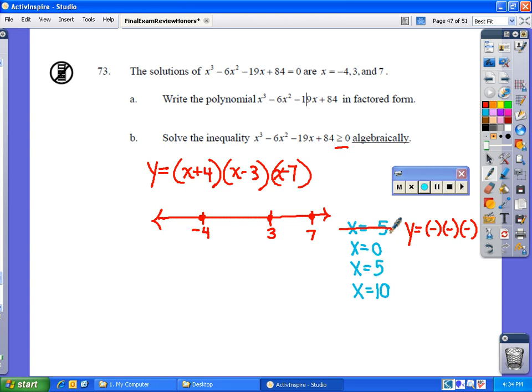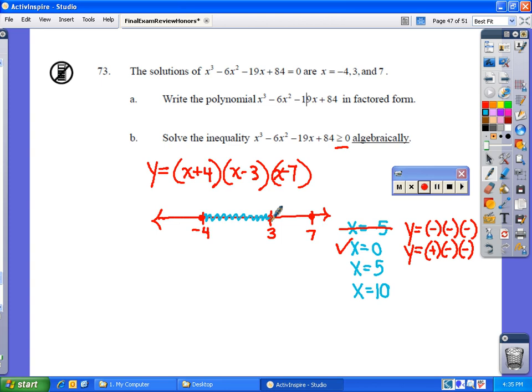When I plug in 0, I get that y is positive, negative, and negative. When you multiply two negatives, you get a positive. Therefore, my result for x equals 0 is greater than or equal to 0, and I can shade this portion of the graph.